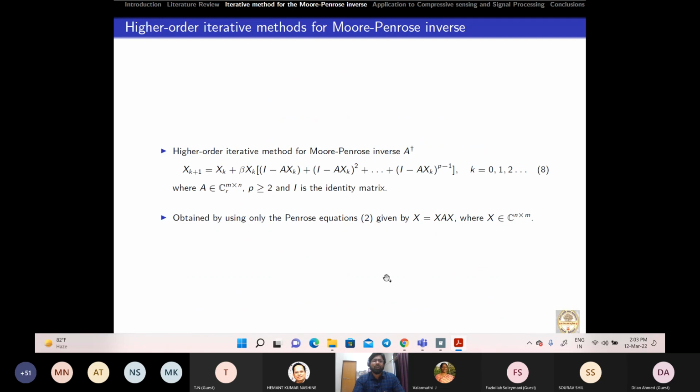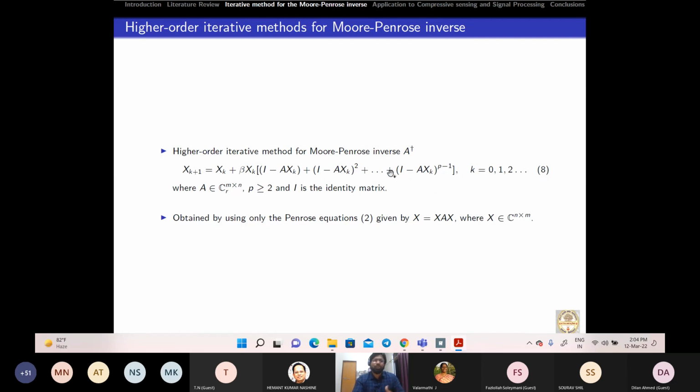And then later on, this method was also extended for any order, like 2, 3, 4. Instead, just take an arbitrary order p. So for a particular value of p, like if you take p equal to 2, you may get first or second order convergence, p equal to 3, third order, like that. So with different p, this is the most general case.